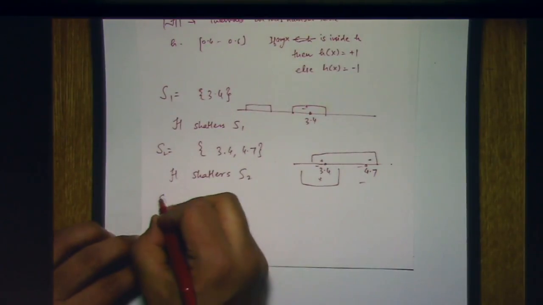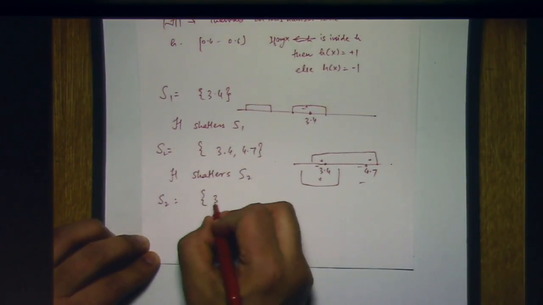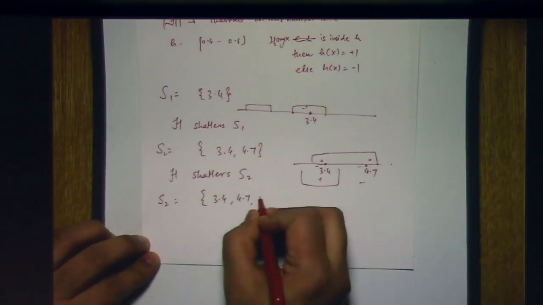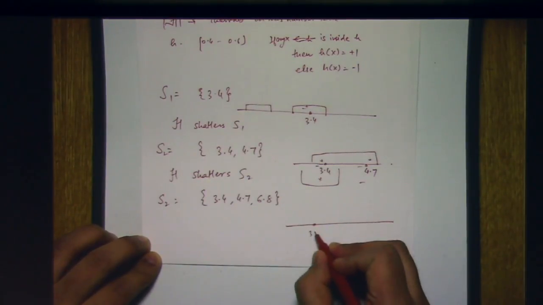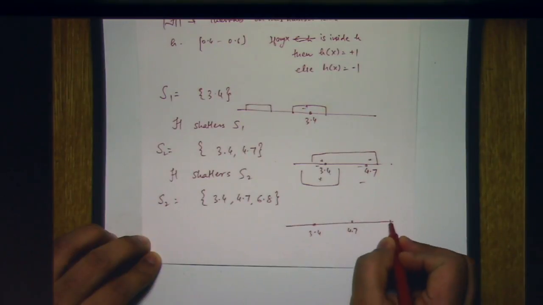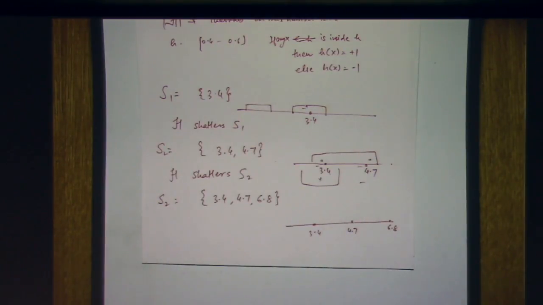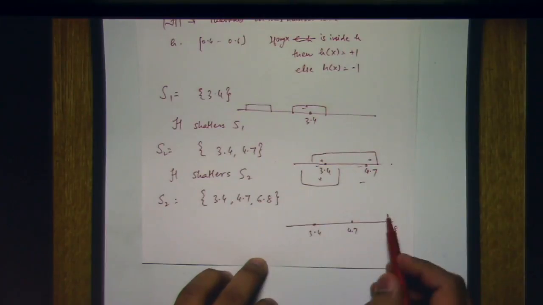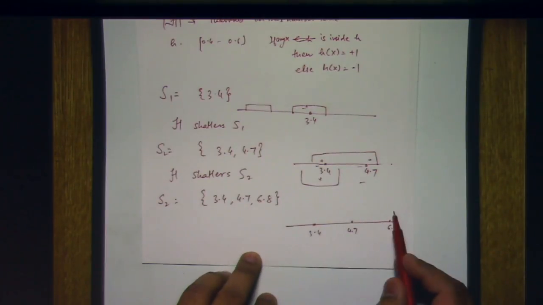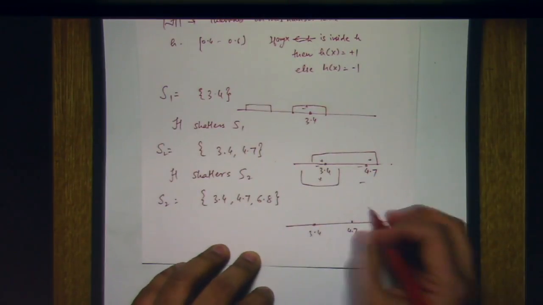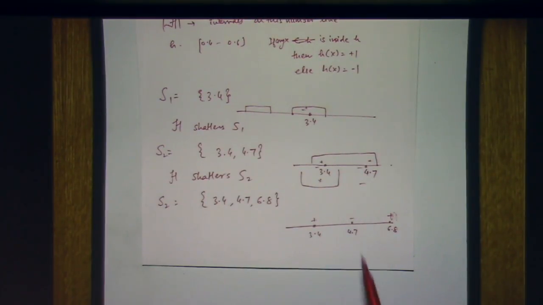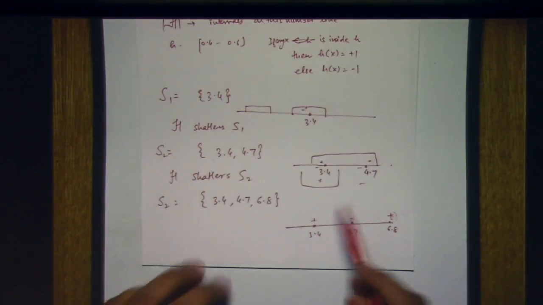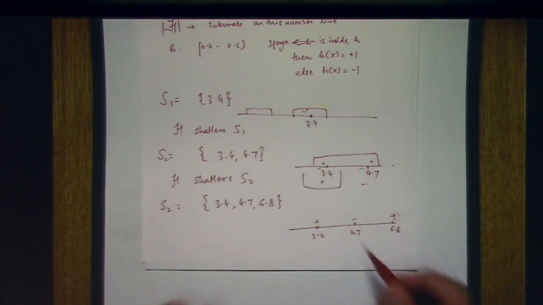Now let's go bigger. So let's say it's 3.4, 4.7 and 6.8, which means that there are 3 points. And now you can see where I'm going at, right? So if all of them are positive, of course we can put a hypothesis like this. But what if two of them are positive and this is negative, right? Now you cannot find any hypothesis in your bag of hypothesis space which could correctly classify them, right?